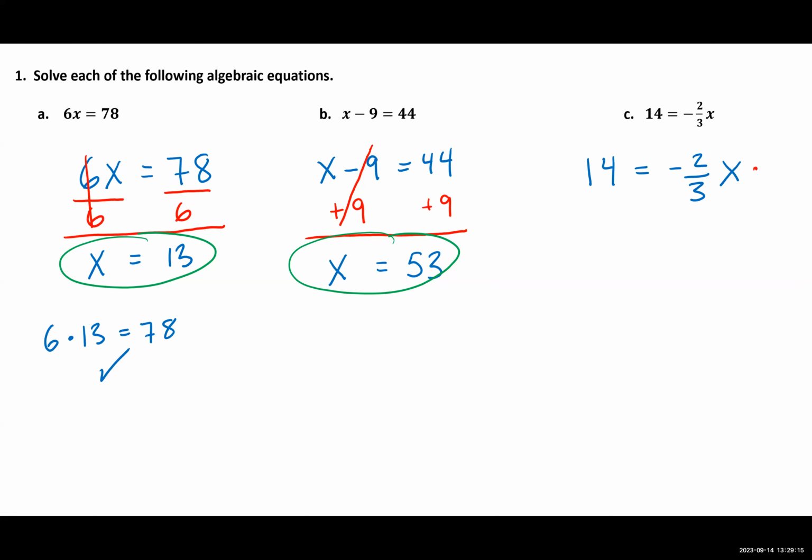So what we could do is we could multiply by 3. So if we times by 3 and we're dividing by 3, those two cancel each other out. We're not working with the whole fraction, just the bottom, just the dividing by 3.